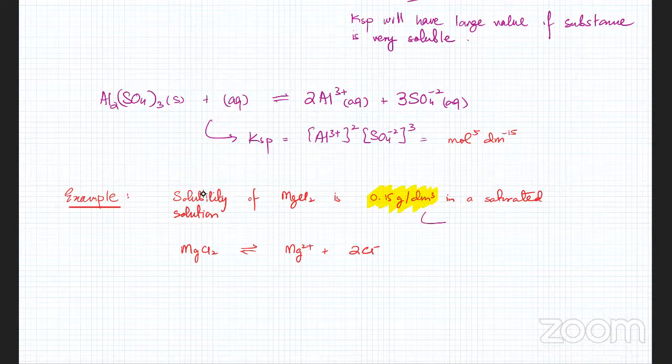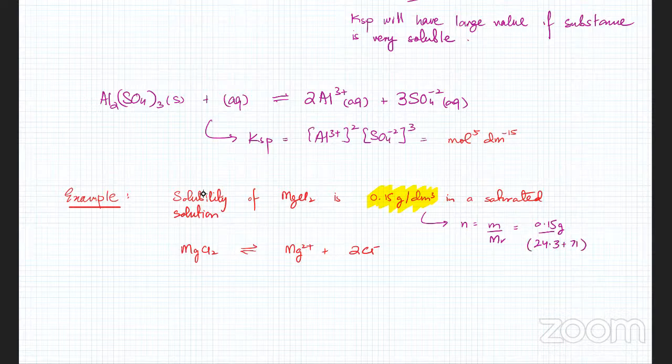So how do you convert grams to moles? You just take mass divided by Mr, right? So 0.15 grams per dm cube divided by the Mr of MgCl2, which is Mg 24.3 plus 2 Cl, that's 71.